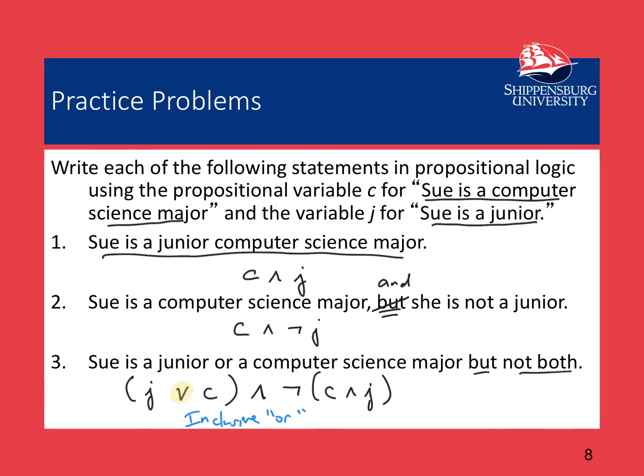The exclusive or comes up when you're trying to choose between things. So if you say you're either a freshman or a sophomore, there's an assumption there that you can't be both. That's a problem with the ambiguity of the English language, that sometimes the word or in English, especially if it's stressed, has an implicit meaning of also meaning not both. Because we're trying to formalize things so that we have a consistent interpretation, we will always use the inclusive or, which means that either of the two things or both are true.